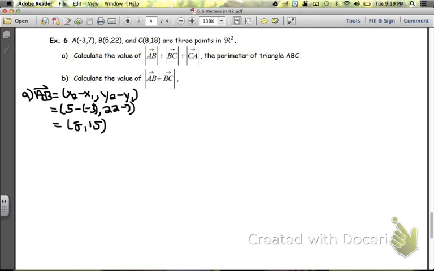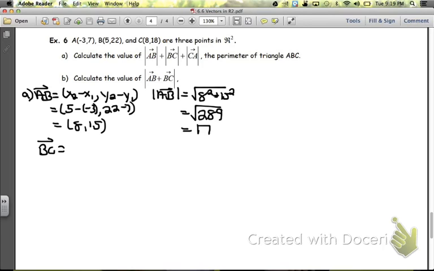Then we can take the magnitude of AB. So the magnitude of AB is just going to be the square root of 8 squared plus 15 squared. When we calculate that, since 8 squared is 64 and 15 squared is 225, we get the square root of 289, which is actually equal to 17.